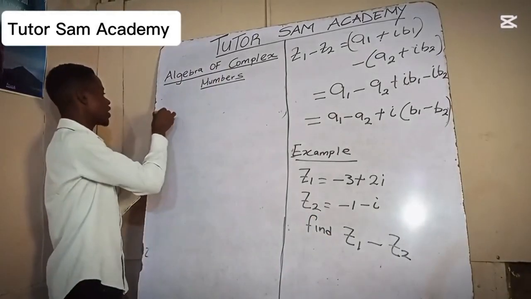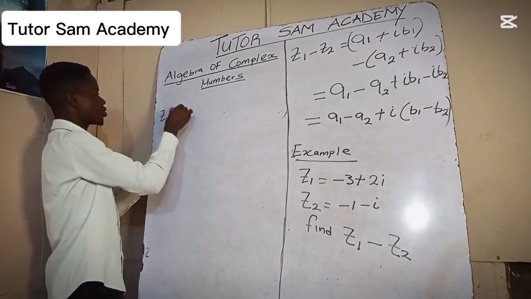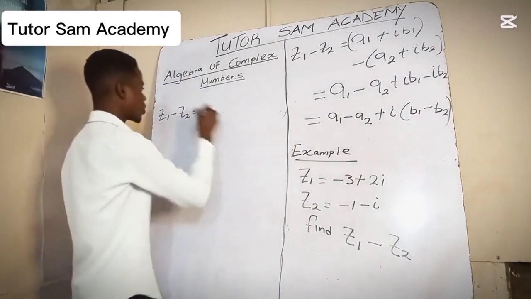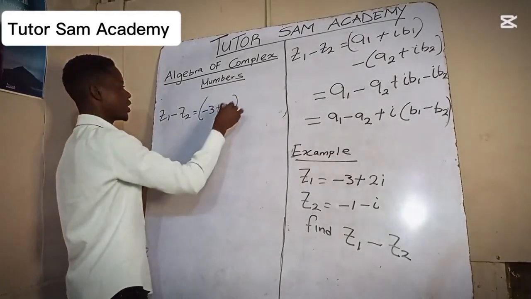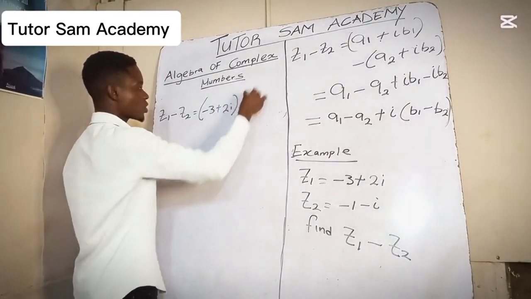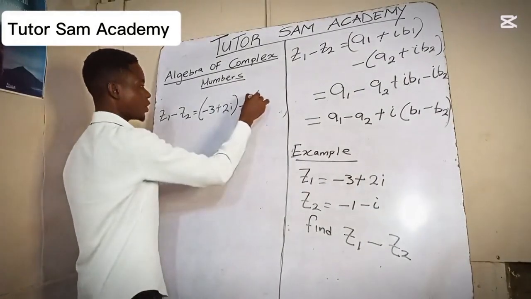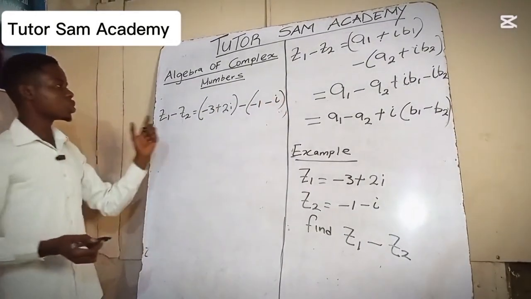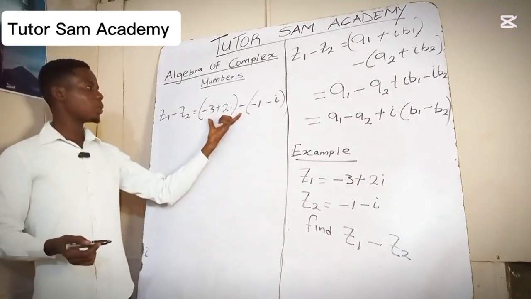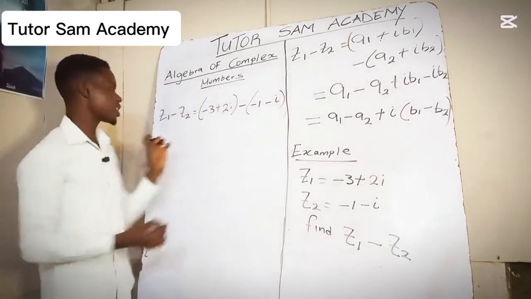Now the question says find Z1 minus Z2. So Z1 minus Z2 will be equal to, what's our Z1? Our Z1 is minus 3 plus 2i, minus 1 minus I. So when we are subtracting, you subtract the real part, you subtract the imaginary part.